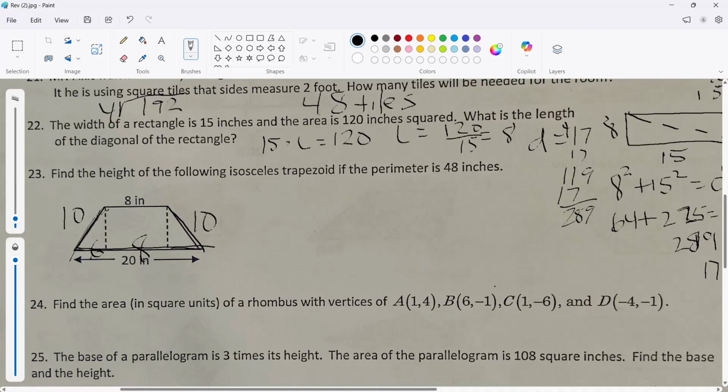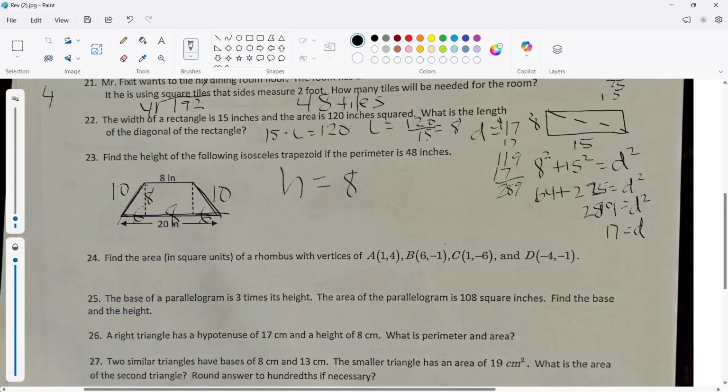That means each one of these is 6. You can do the Pythagorean theorem, 6 squared plus x squared equals 10 squared, or recognize this is a 3, 4, 5 right triangle times 2. 2 times 3 is 6, 2 times 4 is 8, 2 times 5 is 10. So the height equals 8.